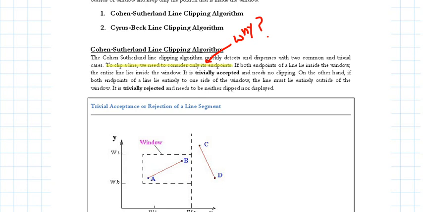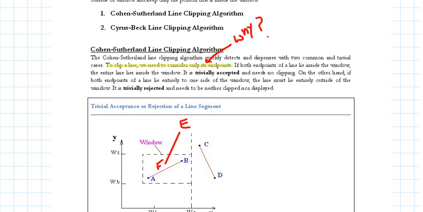So, one third case which might arise is, say, you have a line like this. Say the endpoints of the line are E and F. Now, have a careful look at the nature of the endpoints of this line EF.